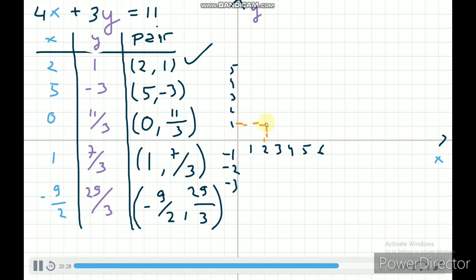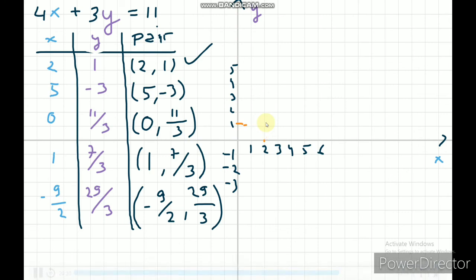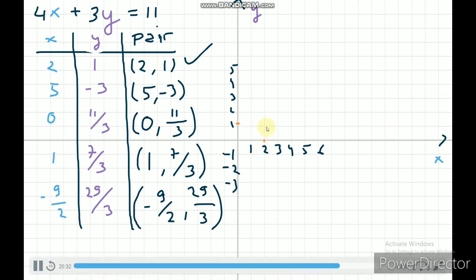So this is the first pair, a dot. By using a dot instead of a line as in the previous number line example, it's easier for us to see, right?